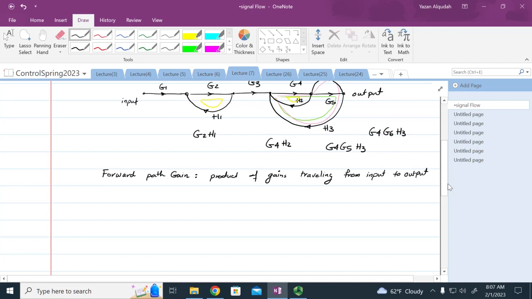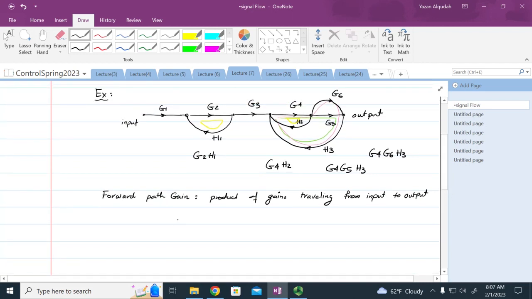Looking at this example, what is the forward path gain? I can travel G1, G2, G3, G4, G5. That's one path. I can also travel G1, G2, G3, G4, and then G6. So I have two paths.